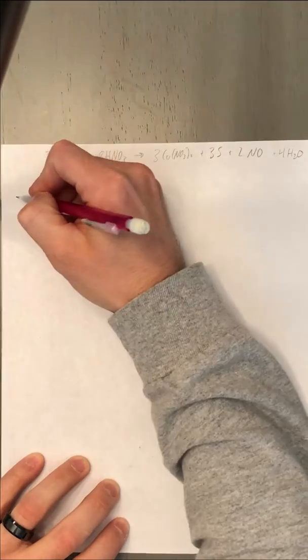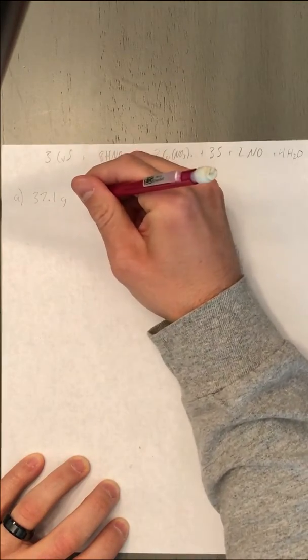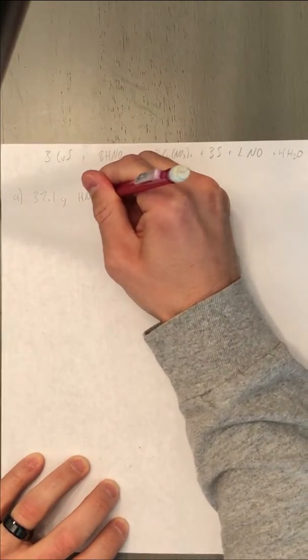So we will start with copper nitrate first. Remember, in the question they give us 37.1 grams of nitric acid, which is HNO3, which we see right here.